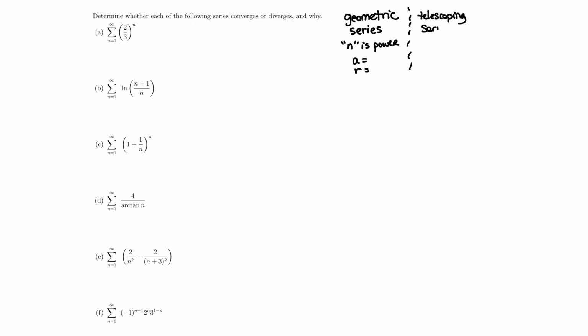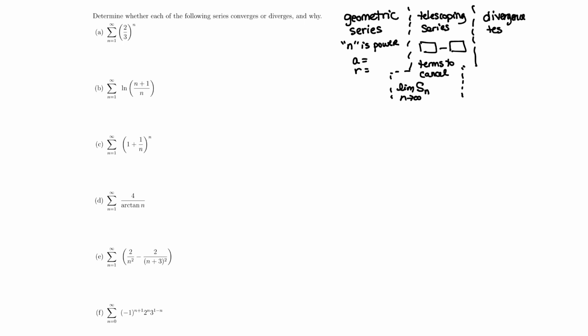In a telescoping series, you're looking for something minus something because you want terms to cancel as you list them out. Then you want to find the nth partial sum and figure out what happens as n goes to infinity. And finally, if it's not geometric and it's not telescoping, then you want to apply the divergence test. So this first section gives you a lot of meat. It gives you a lot of different pieces to it.